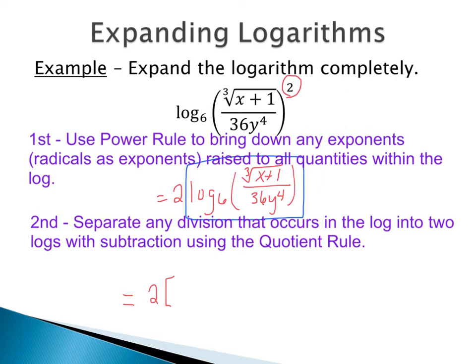Our numerator goes first: log base 6, the base has to stay there, of the cube root of x plus 1, and then using our quotient rule, minus log base 6 of 36y to the fourth.